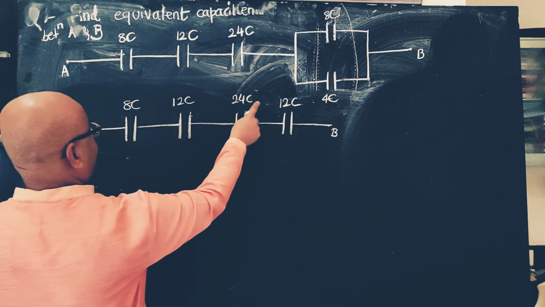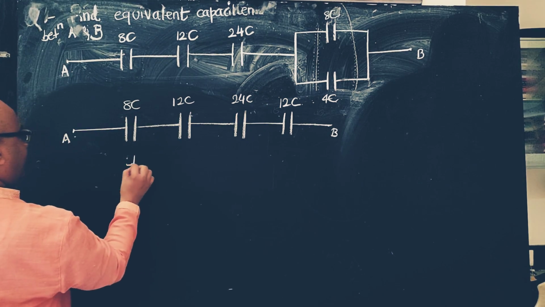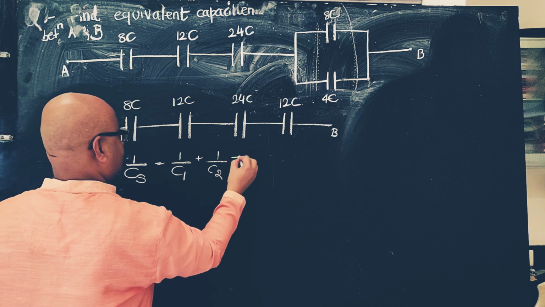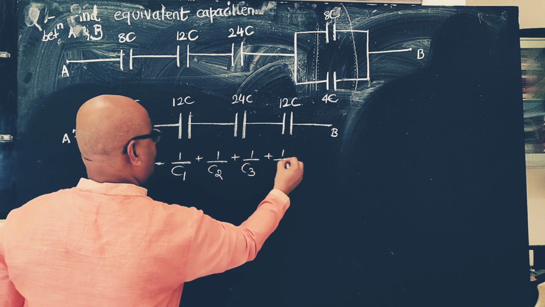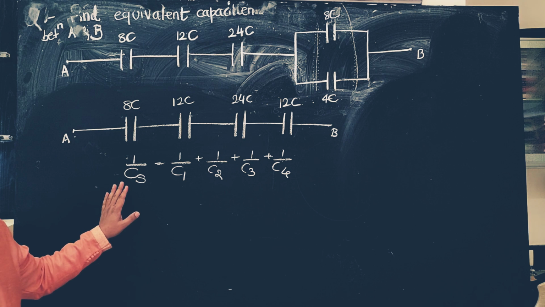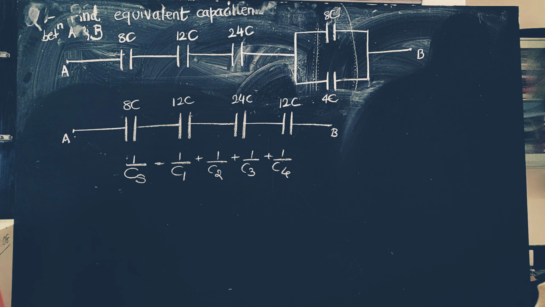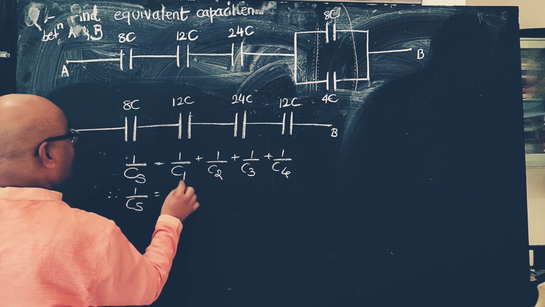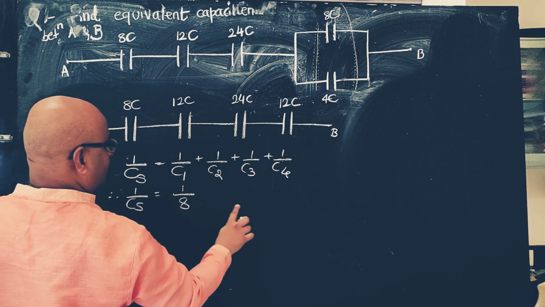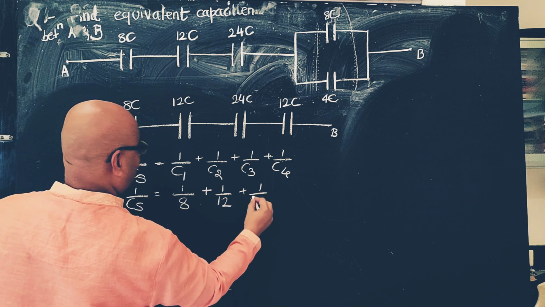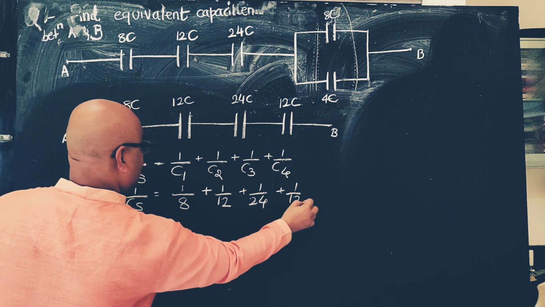Now 8, 12, 24 and 12, these four capacitors are connected in series, and the formula for equivalent capacitance is 1/Cs is equal to 1/C1 plus 1/C2 plus 1/C3 plus 1/C4. The reciprocal of equivalent capacitance is equal to sum of the reciprocal of individual capacitance. 1/Cs is equal to 1/8. Now I am not writing the C each time over here. At the end of the answer we will take it. 1/12 plus 1/24 plus 1/12.